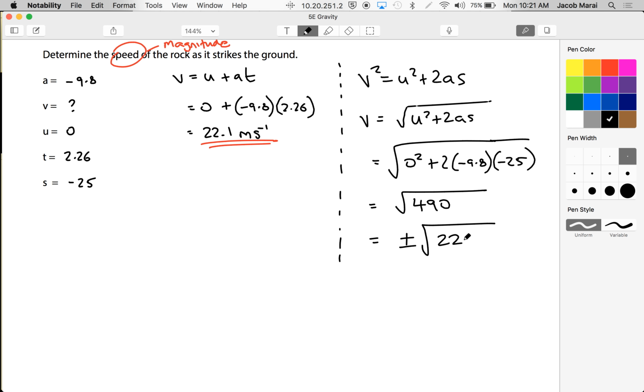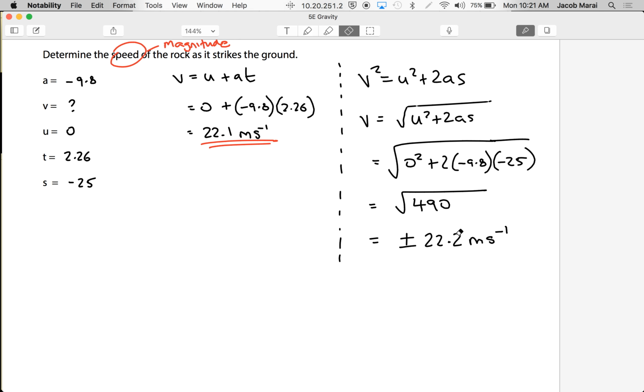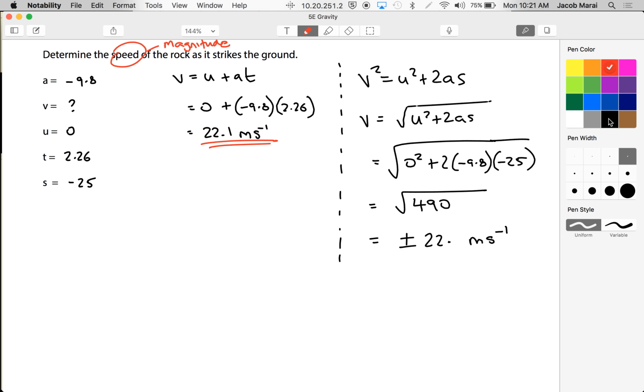However, oh, wait. The issue with taking the square root of something, I've lost it so early in the game. Here's the problem. We get an ambiguity.